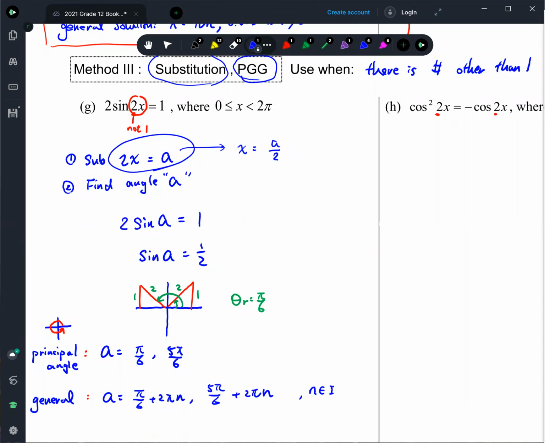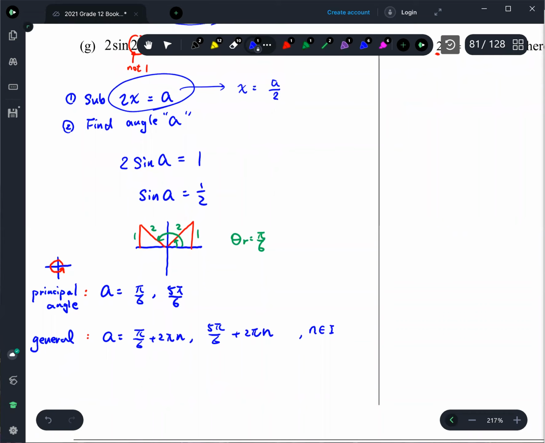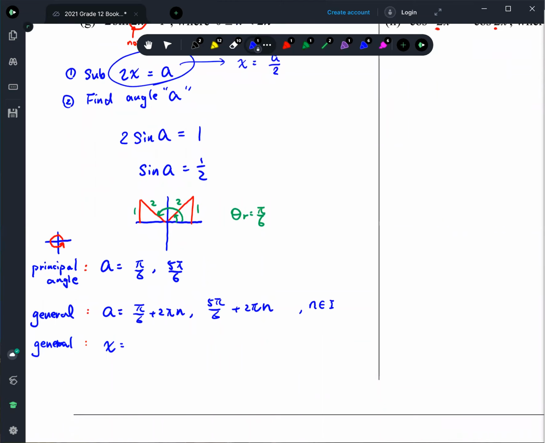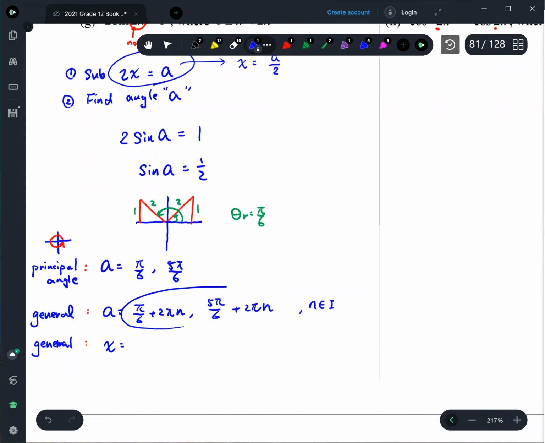A is double of x. So the next part, we need to modify our general solution. This time it is the general solution for x. So to go from A to x, we need to divide each one of these two by 2.